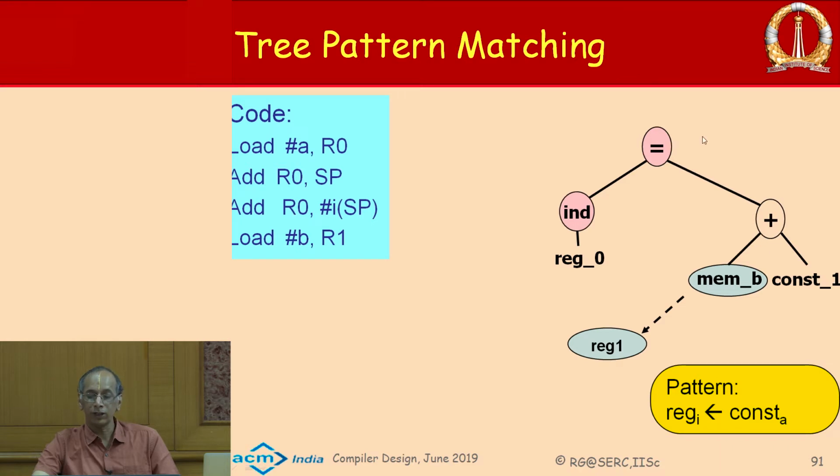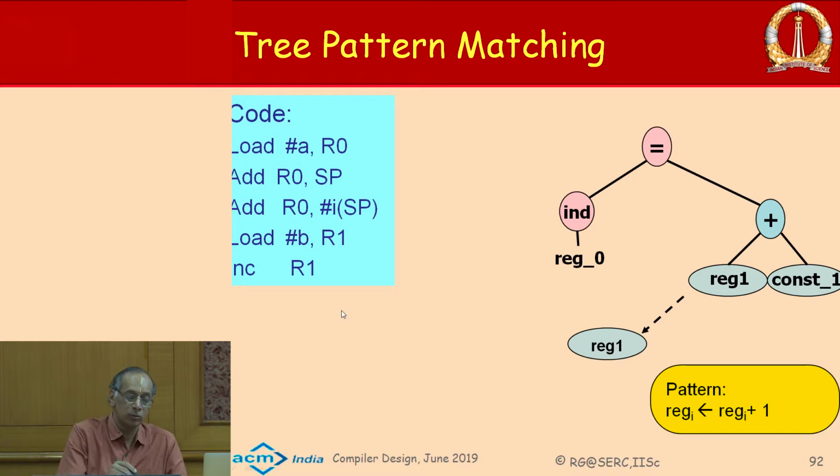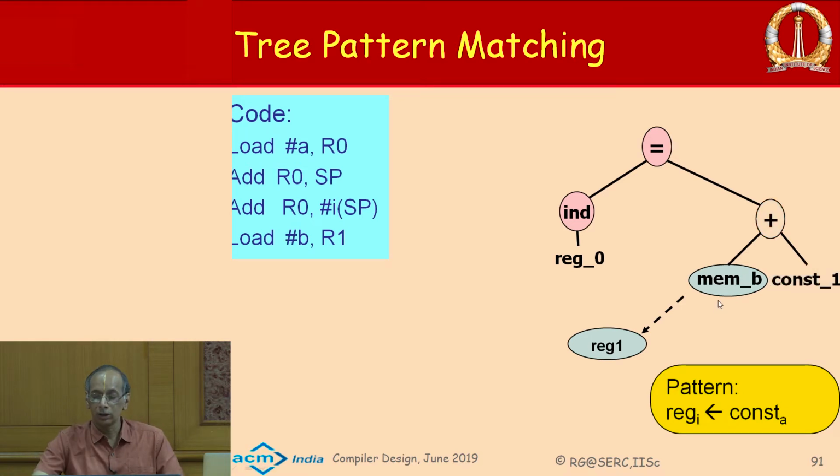Now, we have this subtree for which we need to generate code. Again look at this, this is memory and this is a global location. Therefore, first we need to move the address of B into a register, and then we have to increment that register. This has to be the value of B because you have to increment B, you are not supposed to increment the address of B. So, what do we have?